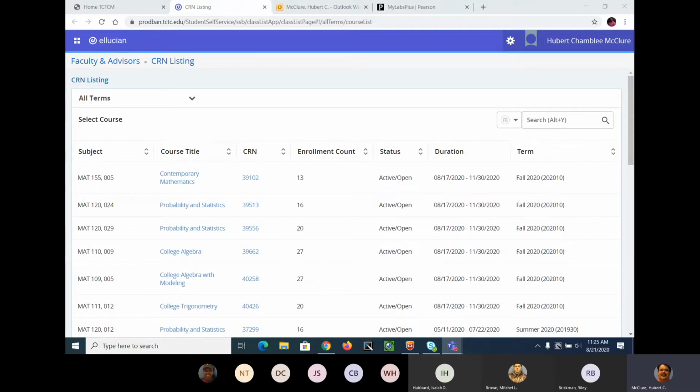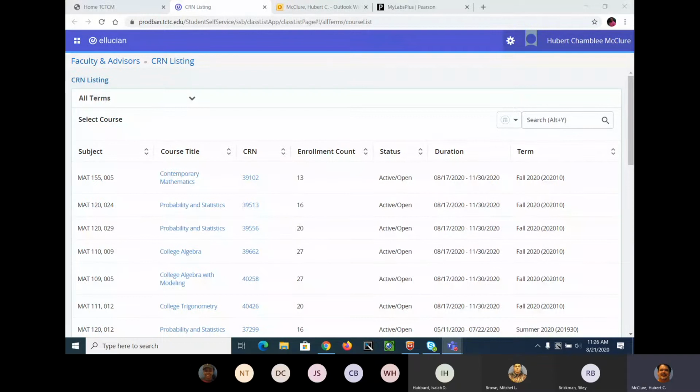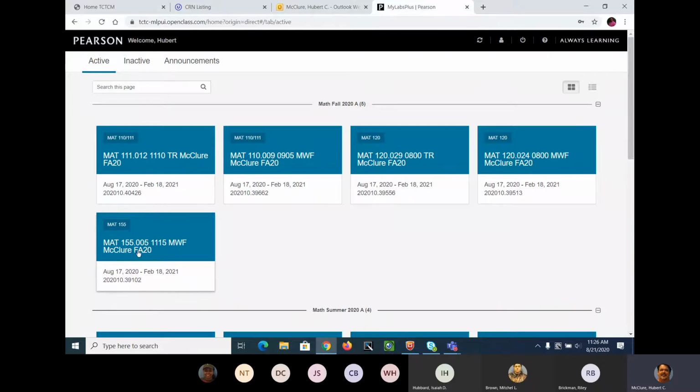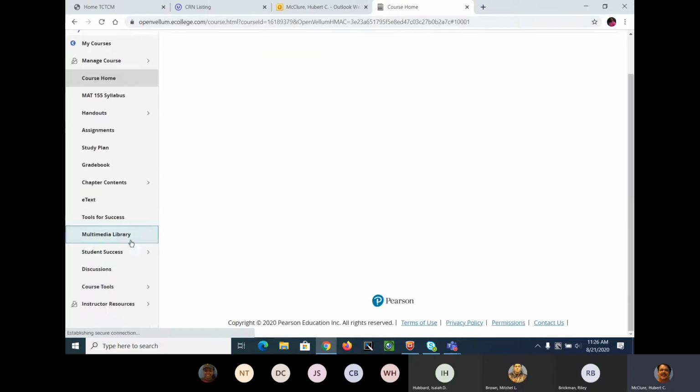Okay, so today we're actually going to start math. Believe it or not, we're going to start because nobody's got any questions. I'm going to present screen now. I'm going to go to Math 155 and check first to see how many people we've got on MyLabs Plus, because for some of y'all it takes a month or 2, but for most of y'all it doesn't take but a half a minute.